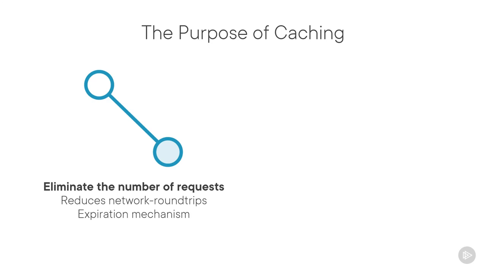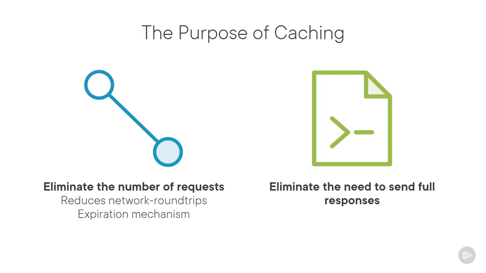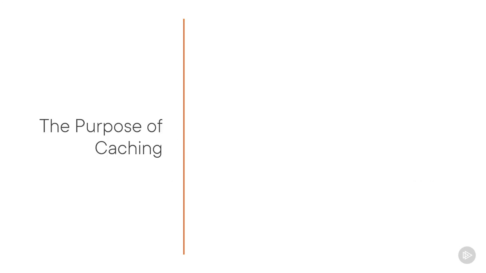HTTP cache uses an expiration mechanism for that purpose. Eliminating the need to send full responses reduces network bandwidth requirements. For that, a validation mechanism is used. It does depend on where the cache lives on what exactly is reduced by a specific mechanism. We'll get to that. So, we will look into expiration and validation.